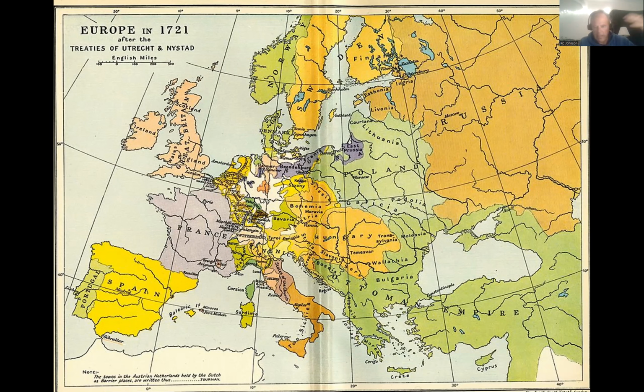The Europeans had extended throughout the Western Hemisphere, had acquired colonies, had begun to move into coastal portions of Africa, some colonization in Asia, especially in South Asia as well. And this was a system that was dominated by Great Britain and France.